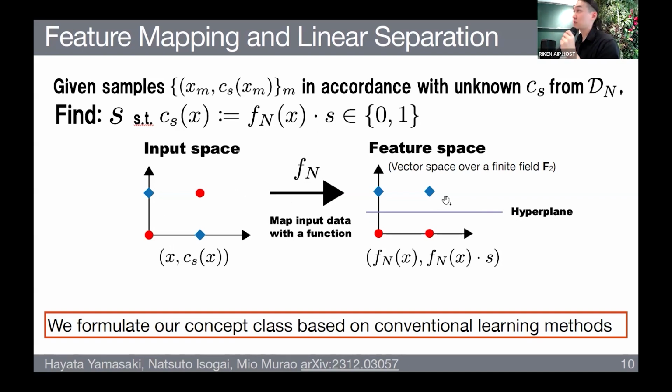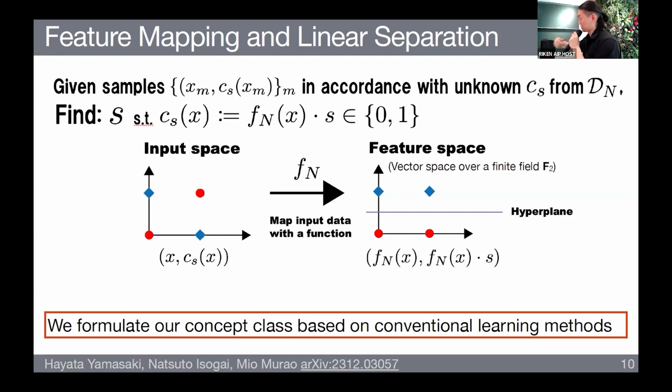So this is maybe a conventional setting of linear separation, but if we just take Euclidean vector space as the feature space, it's in principle very challenging to prove the advantage of quantum computation over classical computation. The trick here is that, for the feasibility of analysis, we took as the feature space the vector space over a finite field representing bits, and now the inner product defining the hyperplane is a bitwise inner product.